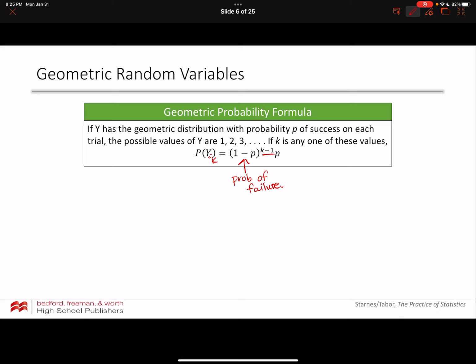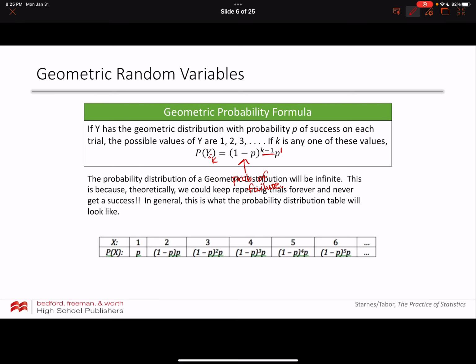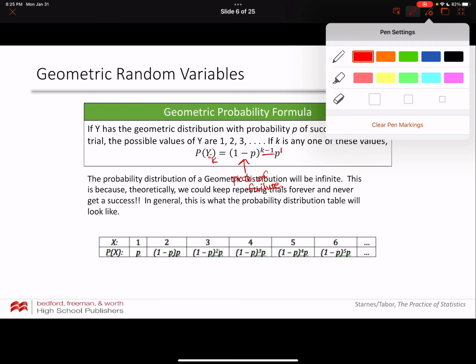And then we only ever have one success, right? So we multiply the probability of failure to the power of the number of failures, times the probability of success, just to the first power, because we only have one success.